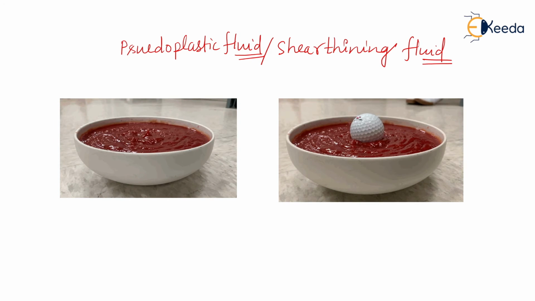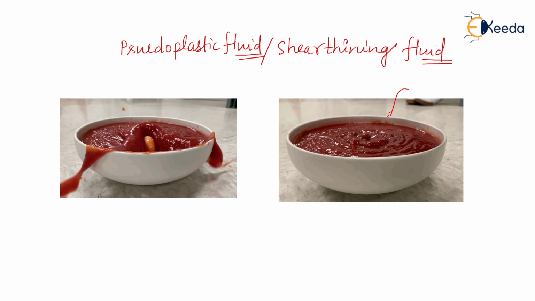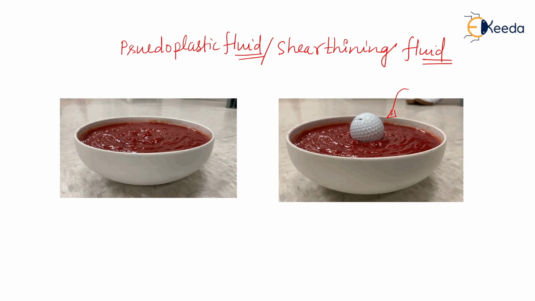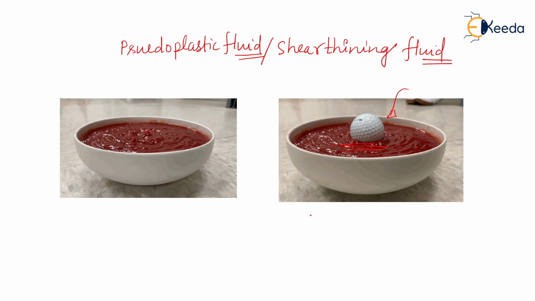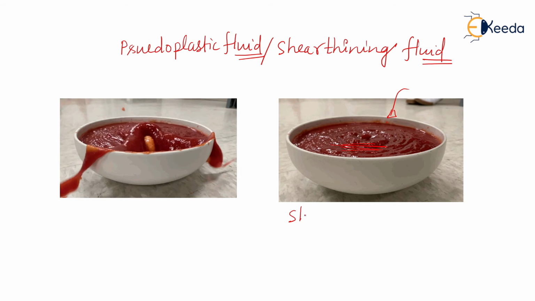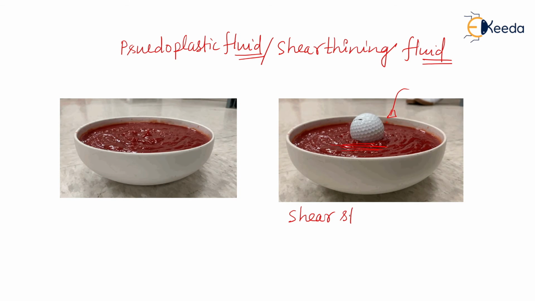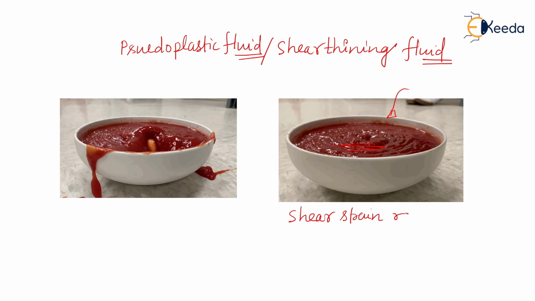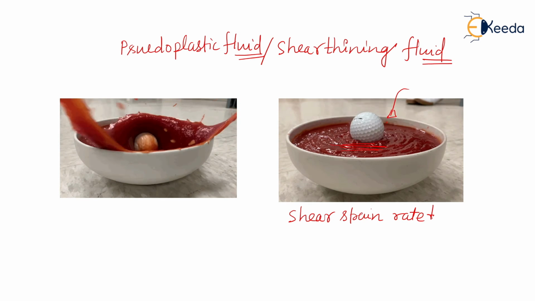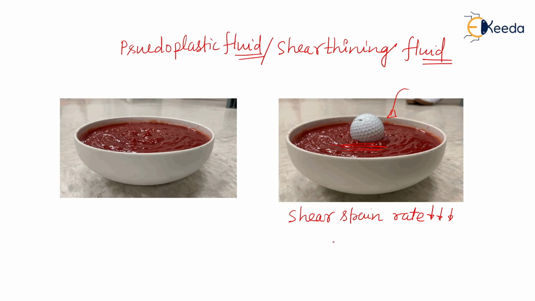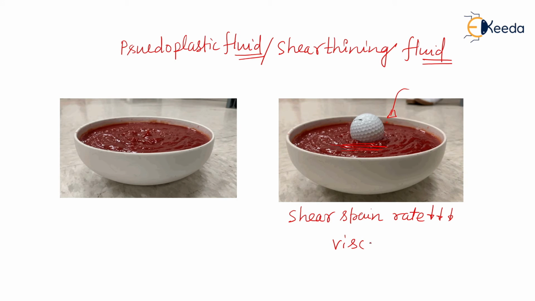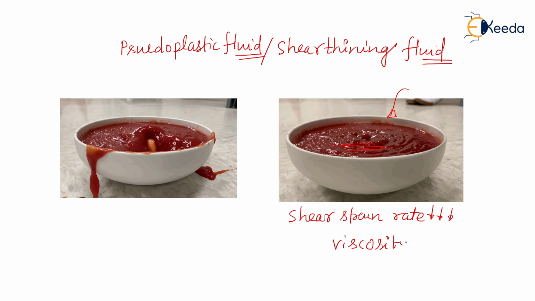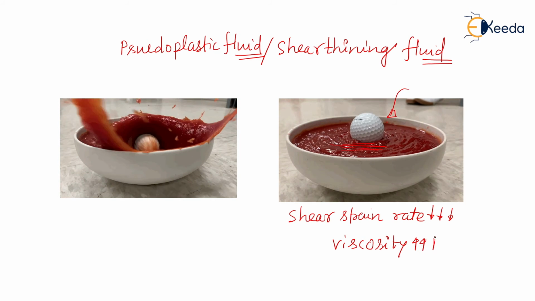So see this, in this case the golf ball again is gently placed. Then this surface is actually more viscous. If shear strain rate is low, in that case the fluid behaves like a more viscous fluid. So viscosity is actually more.